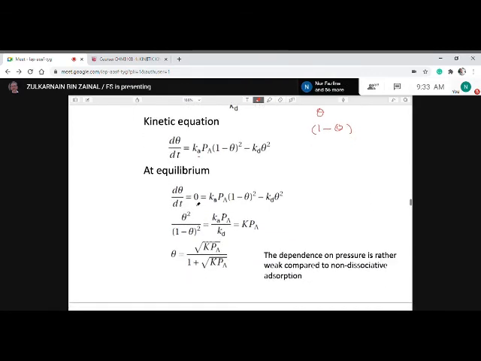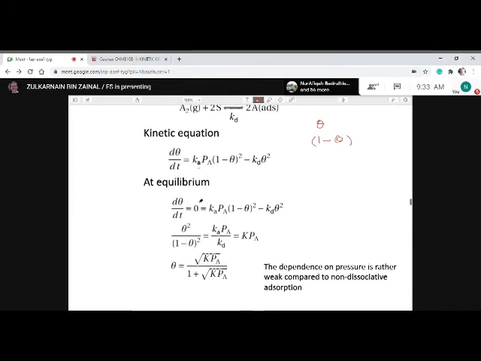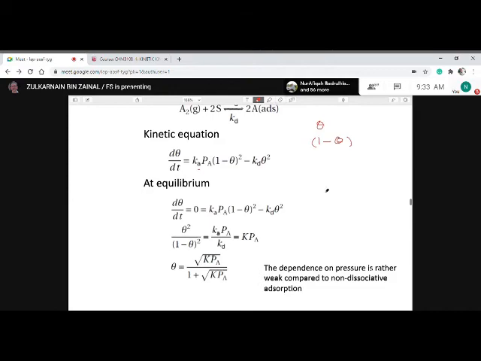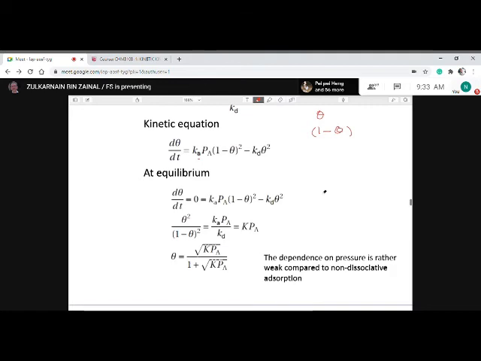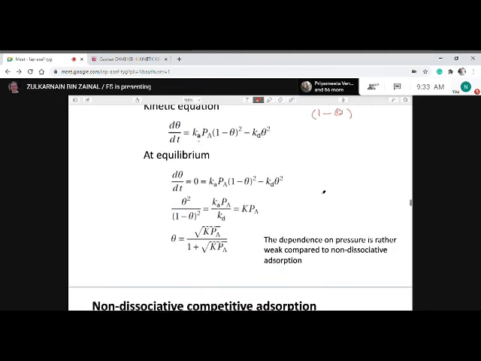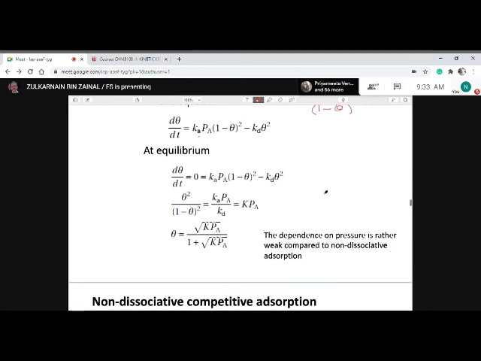At equilibrium, d theta dt is 0, meaning the rates of forward and backward reaction are equal. If you plot theta versus time, it forms a straight horizontal line, and d theta dt is 0, and then we can get this equation.